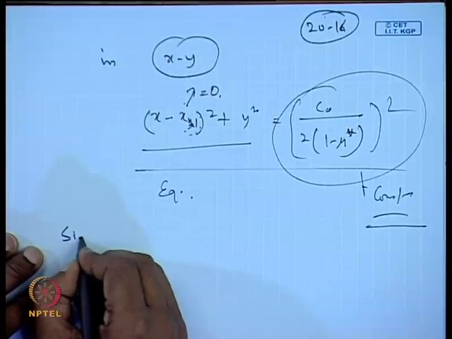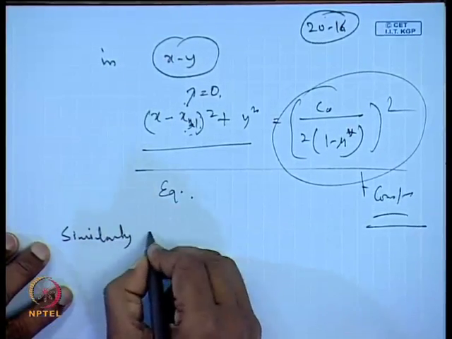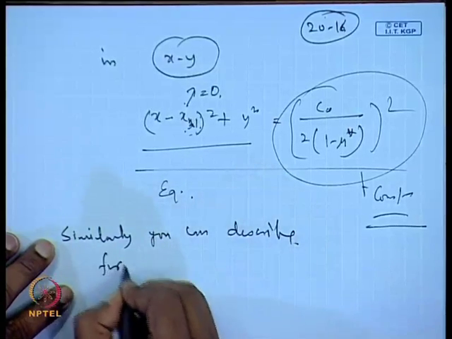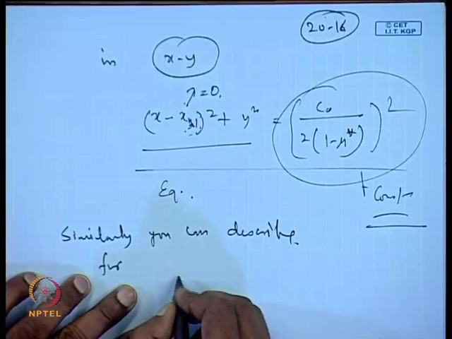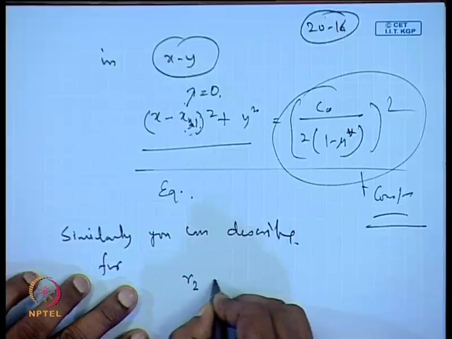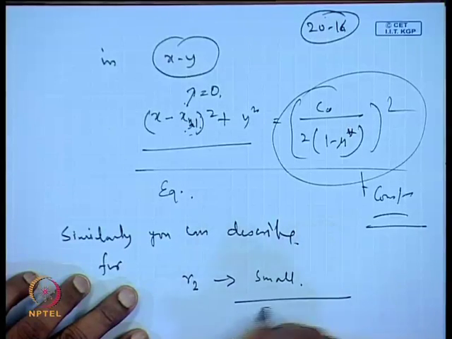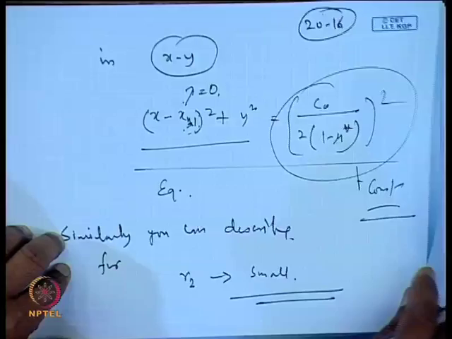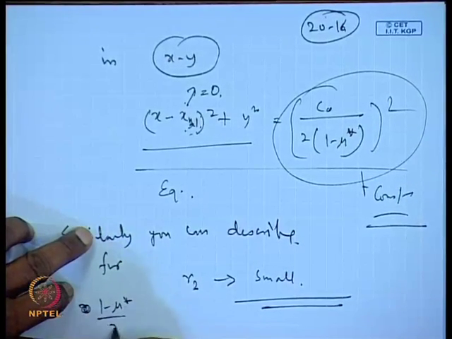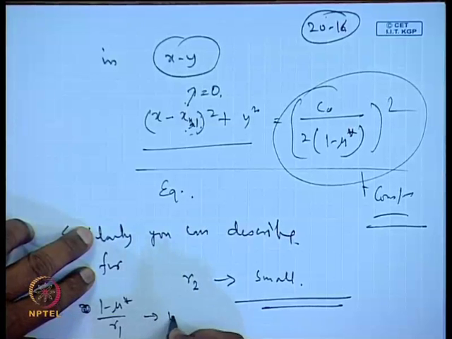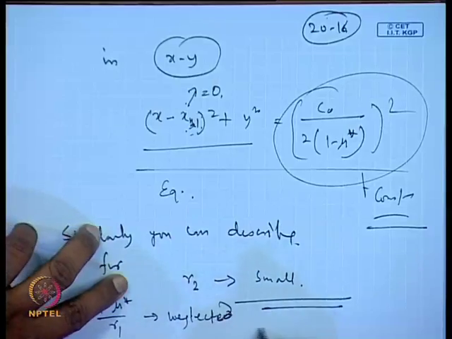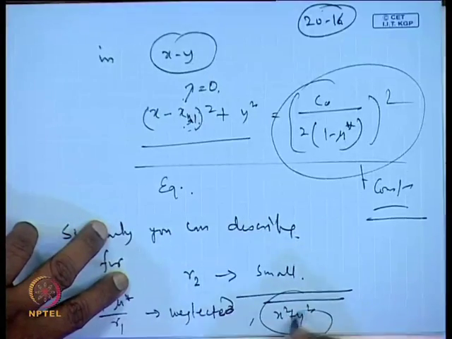So, similarly you can describe the C case where R 2 becomes small. So, if R 2 is small, then in the same way 1 minus mu star by R 1 can be neglected, and also x square plus y square.